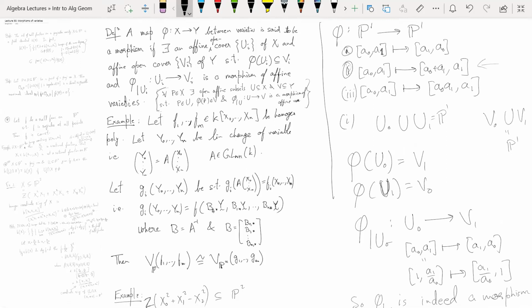u0 will go to where? A0 should be non-zero. So at least u1 will go to v1 the way it is, and you can check that u0 will also go to, so a0 is non-zero.